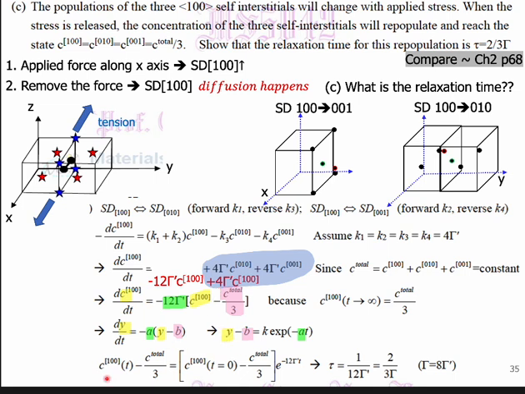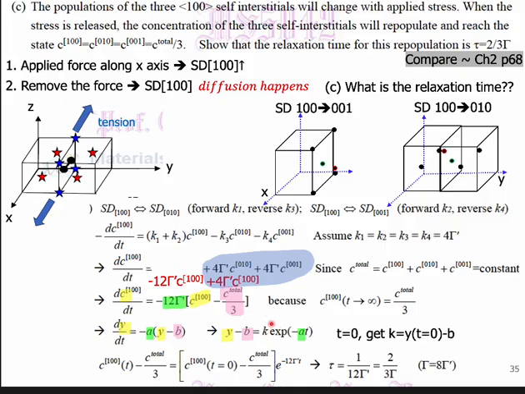So I got the Y. Y is the concentration along 100, Y minus B equals K times exponential of -12 gamma prime times T. Oh, sorry, it's 12 gamma prime times T. So I don't know the K, right?